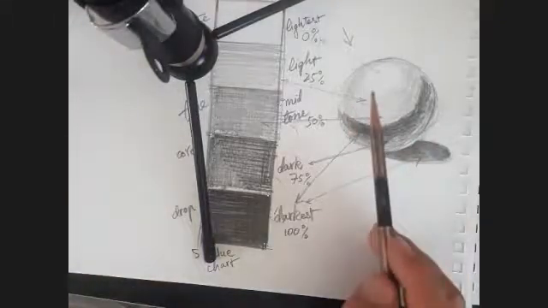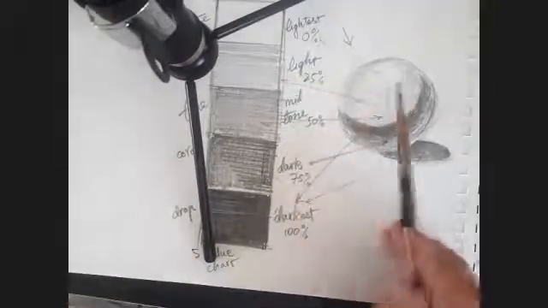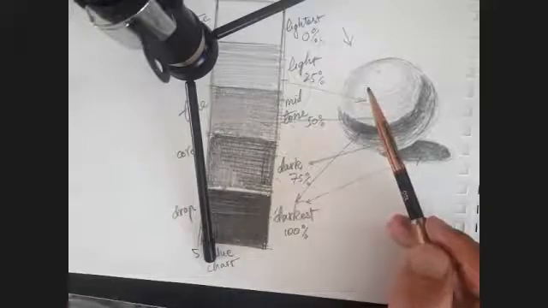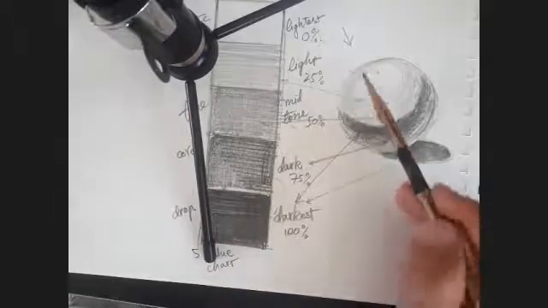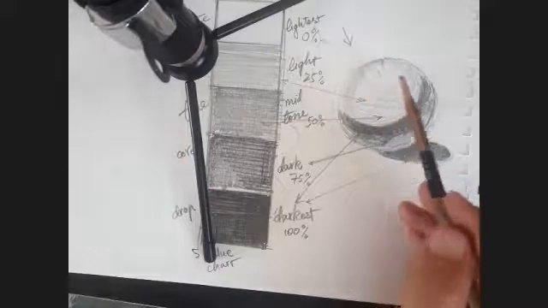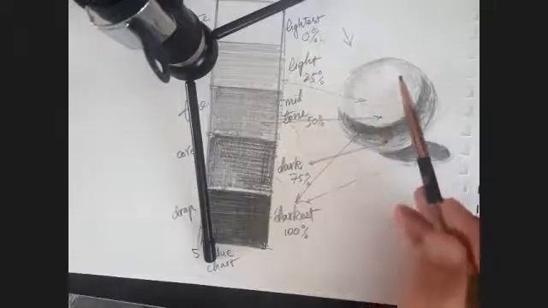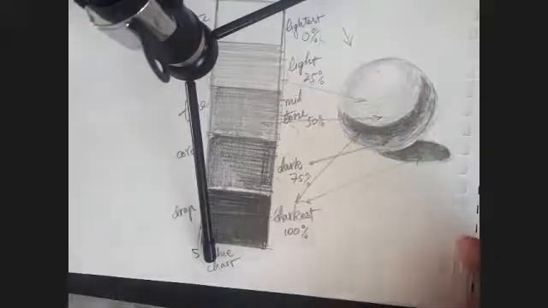Sometimes this part that covers the light tone, we also call it gray area. Normally the gray area is surrounding this point. Okay, this point, we also call it highlight.